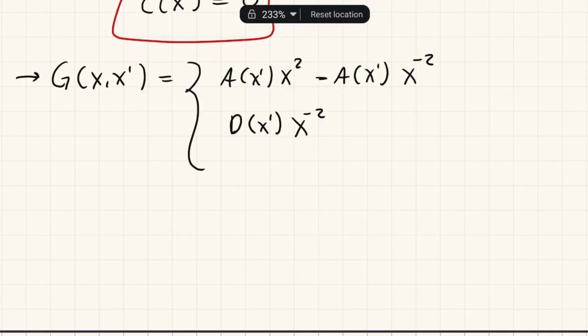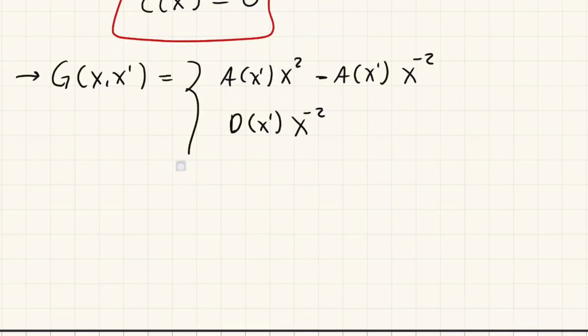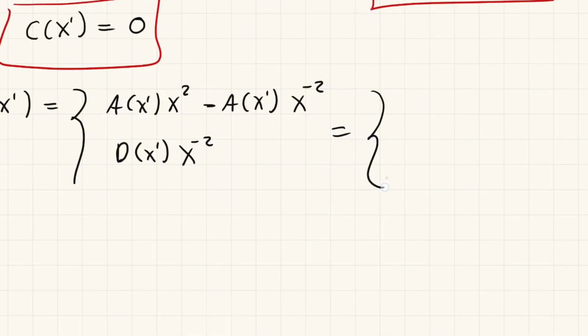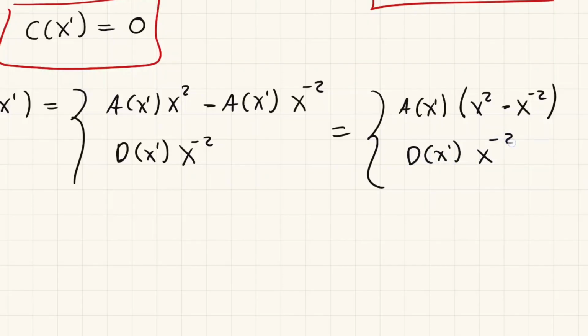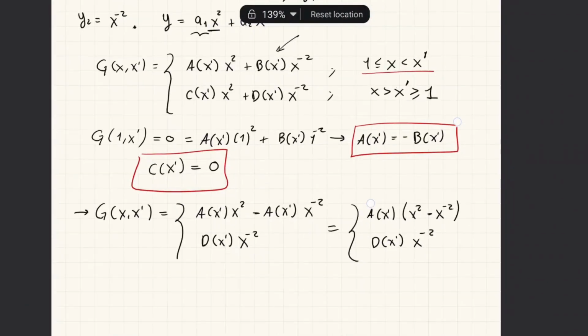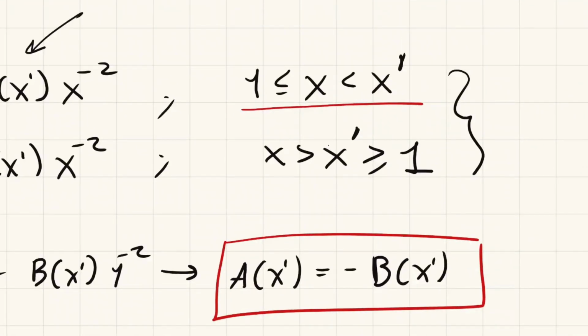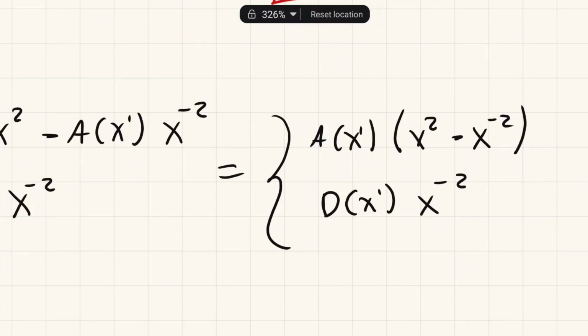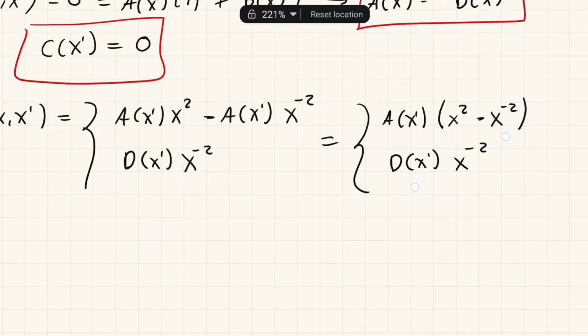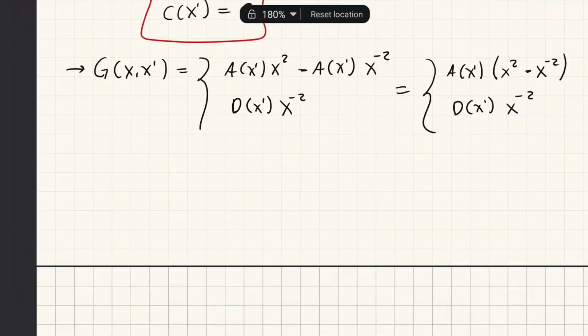Just to simplify, let me write this as a(x') times (x squared minus x to the negative 2), and then d(x') times x to the negative 2. Obviously, these are defined on the same intervals that I wrote here, but for simplicity I'm not going to write them all the time. So for now, we have this for the Green function.